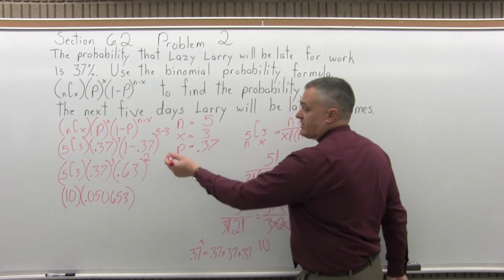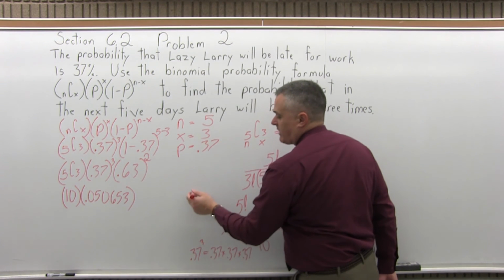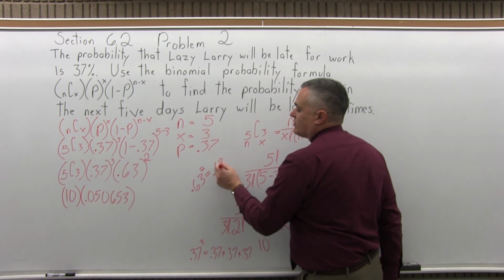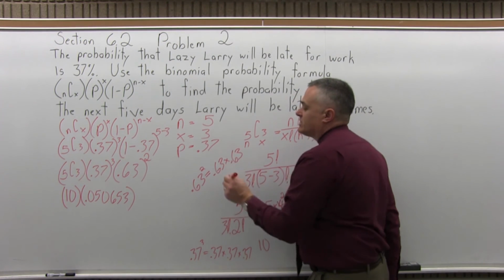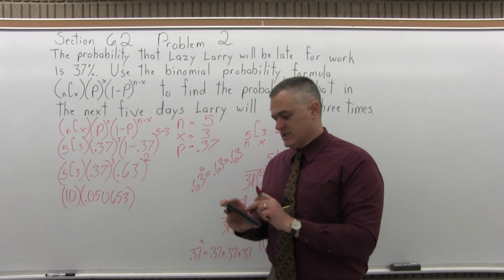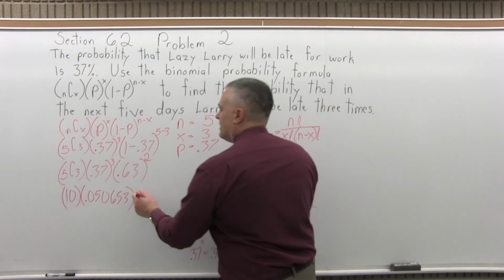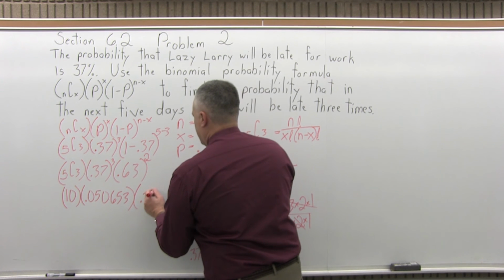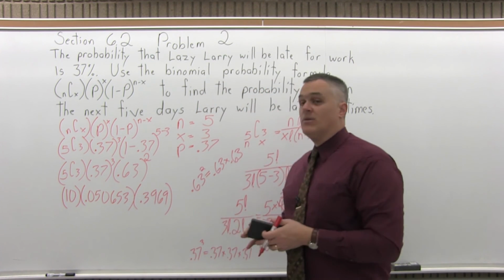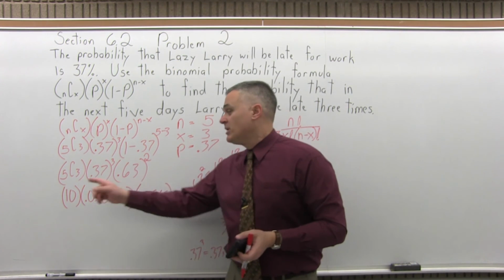And then the last parenthesis, 0.63 to the 2nd power. So 0.63 to the 2nd equals 0.63 times 0.63, which again the calculator will do very easily. Let's see, 0.63 times 0.63. I get 0.3969.